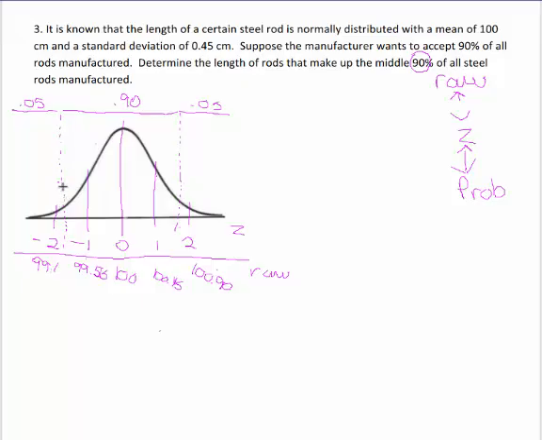So if I'm looking for the Z score that makes this boundary line, then I need to find 0.05 inside my chart. Because this little boundary is cutting off 0.05 to the left, and that is how our chart reads. So that's why we need all those percentages up there.